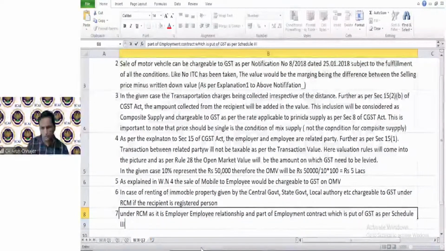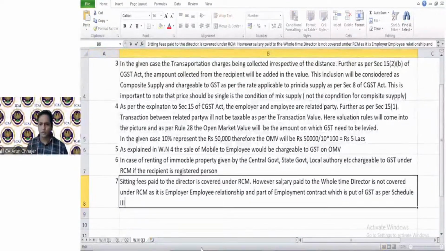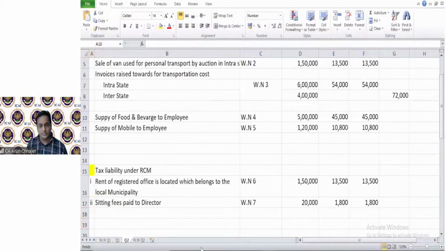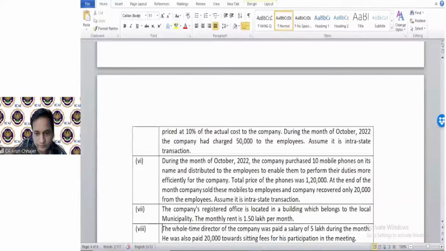So this schedule 3 is I think clear to all, so that you may write. Okay. What is the next point?